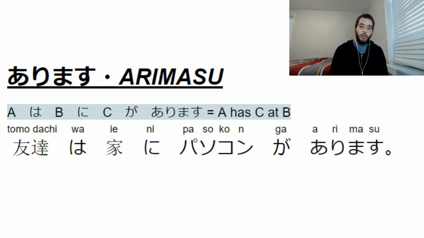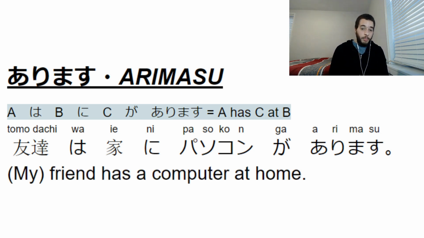Friend home at computer have. My friend has a computer at home. One more time with the translation on screen. 友達は家にパソコンがあります。My friend has a computer at home.